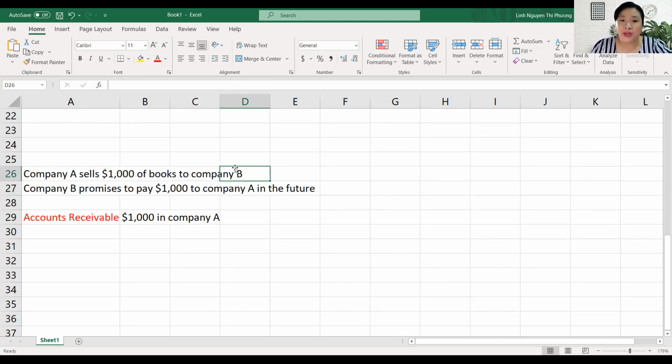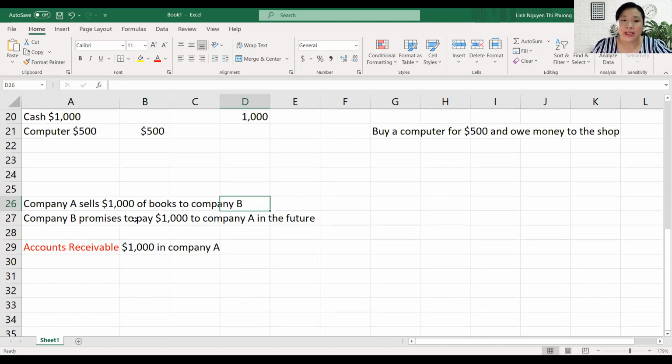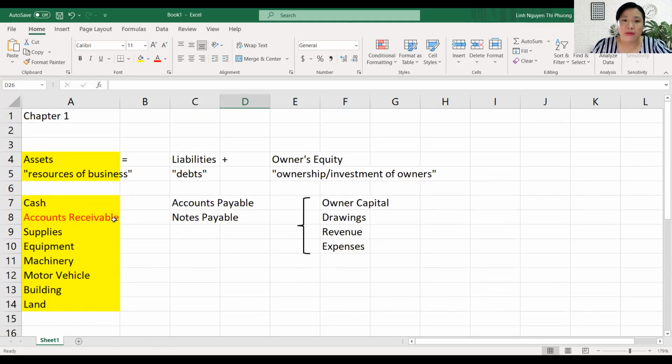So it promised to pay $1,000 to company A in the future. So it means that company A is going to receive $1,000 in the future, okay? So company A will have an account receivable of $1,000, and this is recorded in company A.